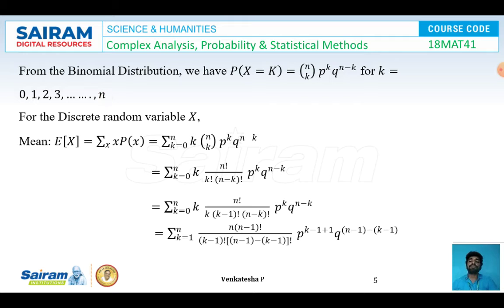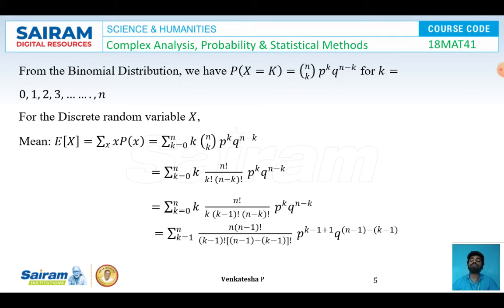Since this binomial distribution is a discrete random variable case, for the discrete random variable x we have the formula for the mean like this: summation x into P(x). Now I am going to replace this P(x) with P(X = k), that is nCk p^k q^(n-k).